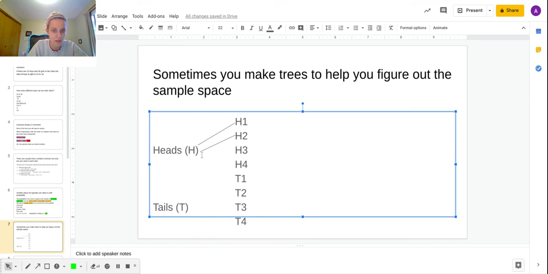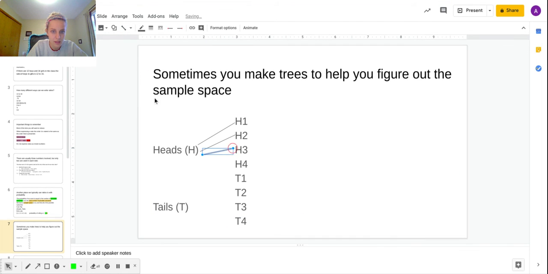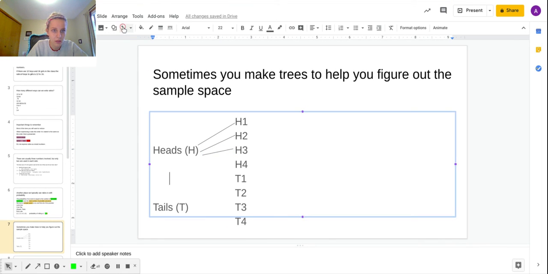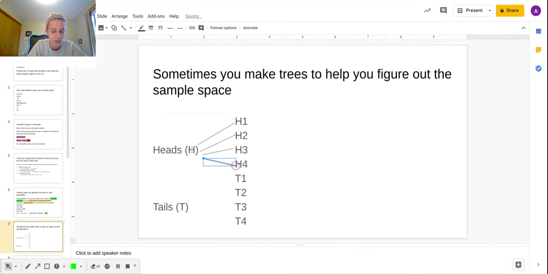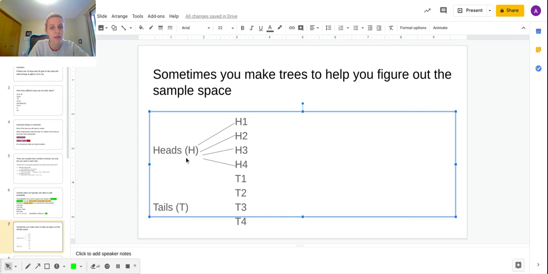So this is to figure out the sample space of that. You would start with one of your variables, like the heads or tails flip, and write those out. Then if I get heads, I can still spin the spinner and get a 1, a 2, a 3, a 4.